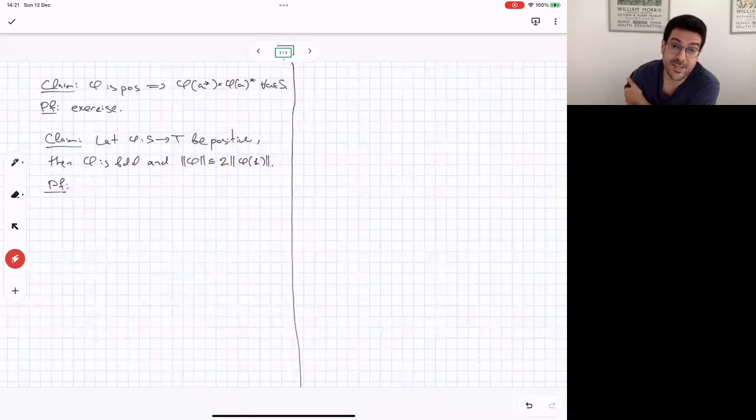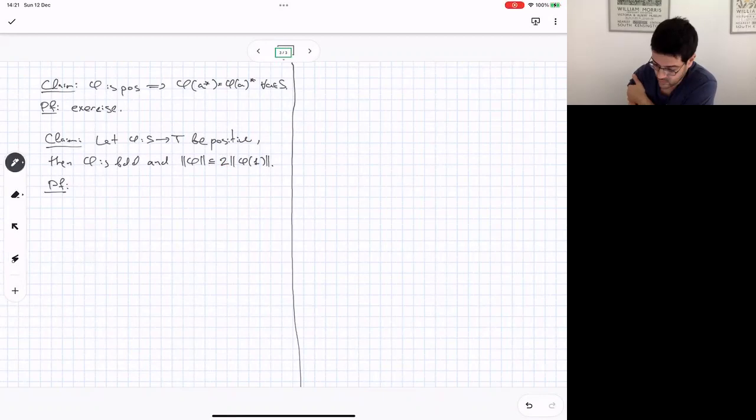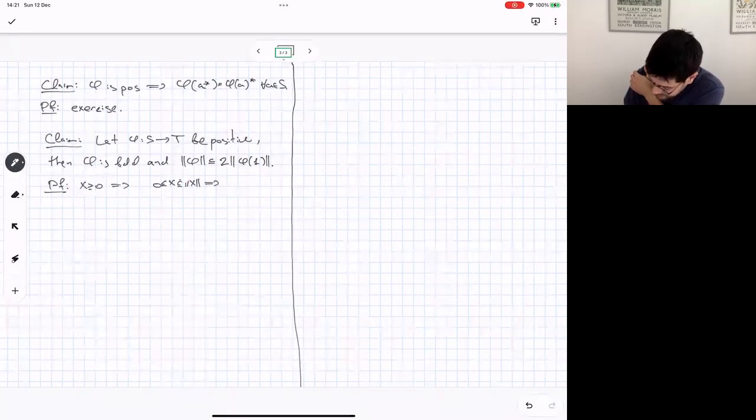We will want to get rid of it, but we won't always be able to. So let's see what happens. So if x is greater than 0, then clearly x is less than the norm of x, right? And therefore phi of x is less than the norm of x times phi of 1.